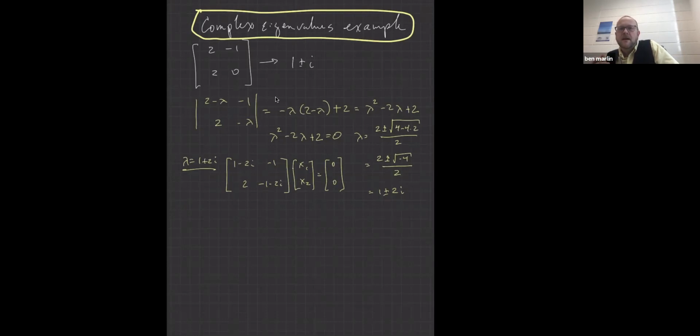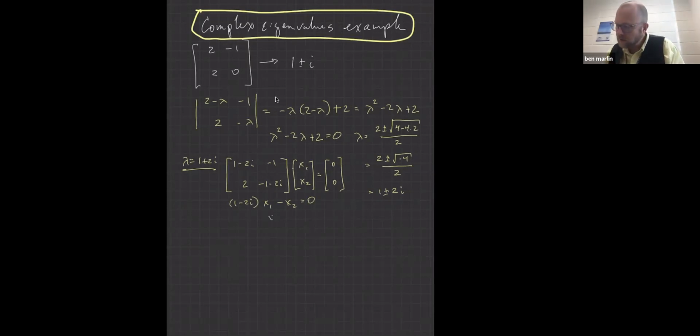So remember on my previous example that I said when you have multiple equations that you're dealing with, you are going to end up having a choice somewhere on them. So for this, if I go ahead and say 1 minus 2i times x1 minus x2 equals 0, I don't need to write the second equation down. It's going to turn out to be a multiple of the first equation.